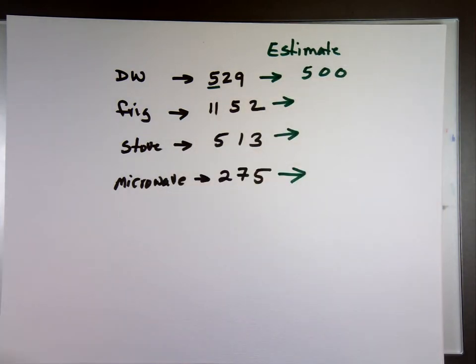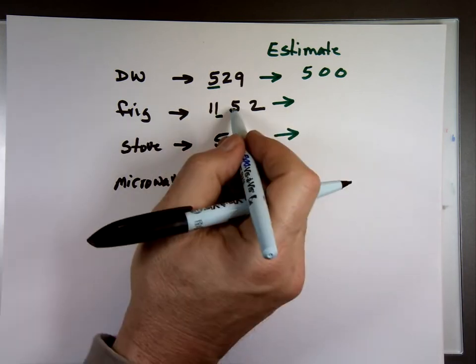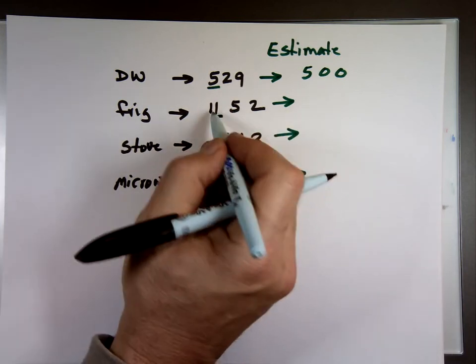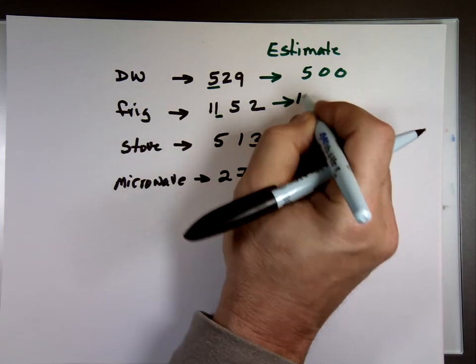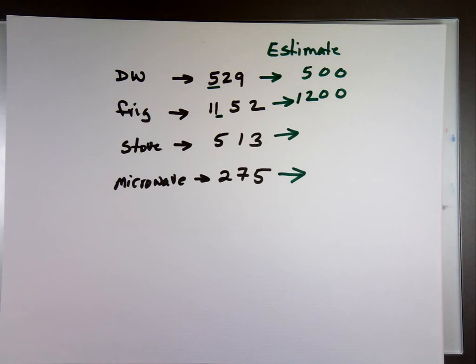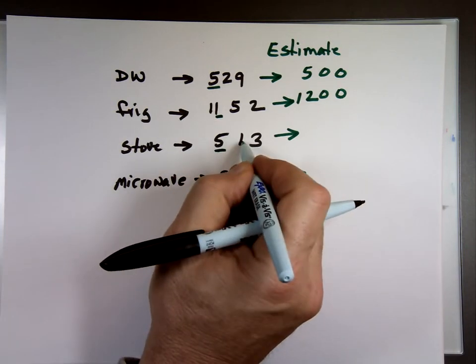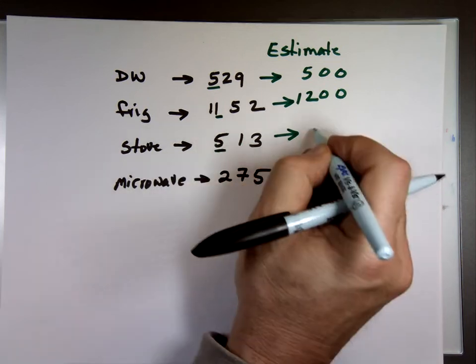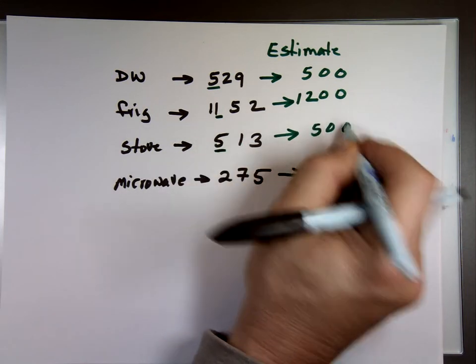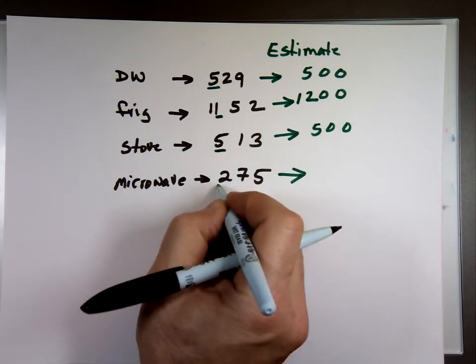Nearest 100, that's this number. Is that 5 or more? Add 1 to this. Nearest 100, that's this one. Is that 5 or more? No. 500. Nearest 100, that's this one. Is that 5 or more?